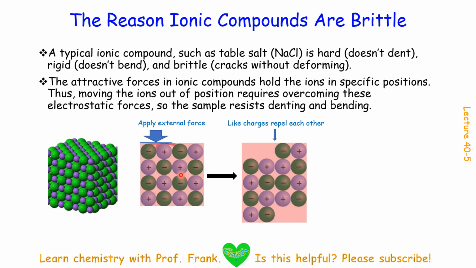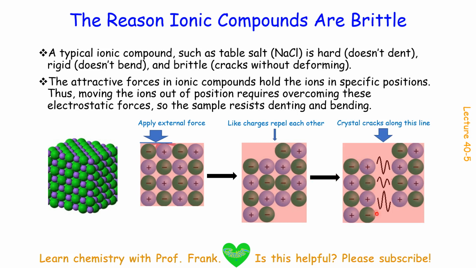That way, the electrostatic forces are maximized. But look at this picture now. Because of the application of external forces, look at the arrangement of those ions. Positive, positive, negative, negative, next to each other, positive, positive. Do cations like each other? No. Do anions like each other? No. If they don't like each other, they repel each other. As a result of that repulsion, cracks occur. That's why ionic compounds are brittle.